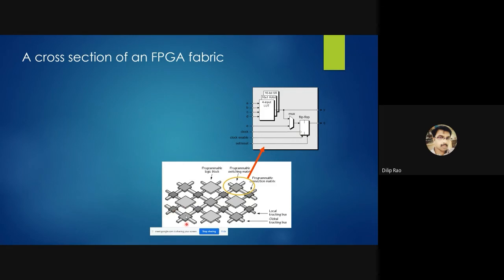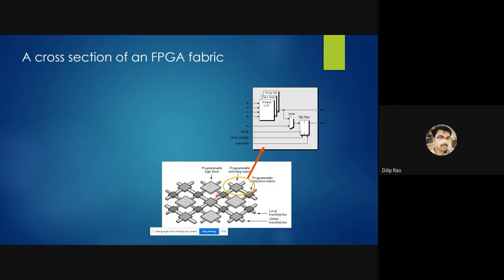As you can see, the CLBs are arranged in a two-dimensional matrix, and there are a lot of routing resources running in a crisscross way, interconnecting them. So when you have a bit stream, that bit stream is going to define the functionality of each of these LUTs. It's also going to define the functionality of this multiplexer, and decide what interconnections are active and what interconnecting resources are off.